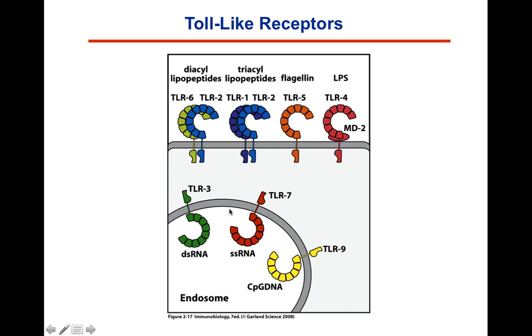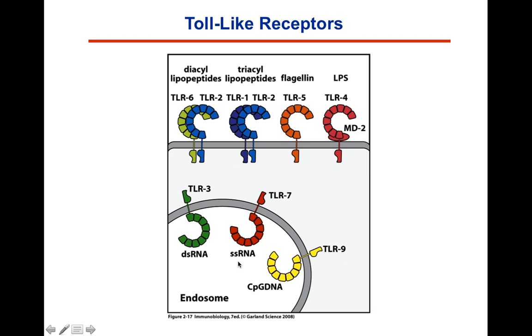A number of these are also found in the endosome, when the bacterium or virus is taken up into the cell and is starting to be destroyed. You'll find ones that recognize double-stranded RNA, that can recognize tRNAs, and mRNAs that have folded. They can recognize viral RNAs that are double-stranded.